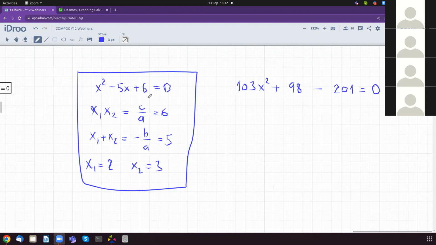Please keep that in mind. This can get you confused, but you need to understand this is a slightly different method from factorization. So if you're used to factorization, this might get you confused, but hopefully it doesn't.